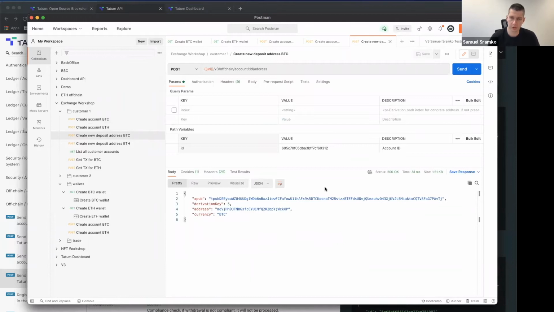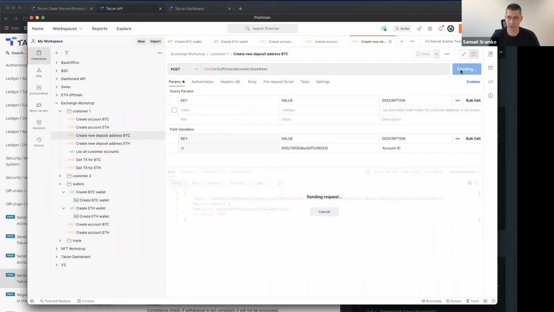When we do that, we can see that we have created a blockchain address like this for Bitcoin currency for this specific extended public key, and the derivation key number 5 tells us that this is address number 5 from the mnemonic, from the wallet we are using, which is associated with this account. We can generate as many blockchain addresses and connect them to one ledger account as you wish.